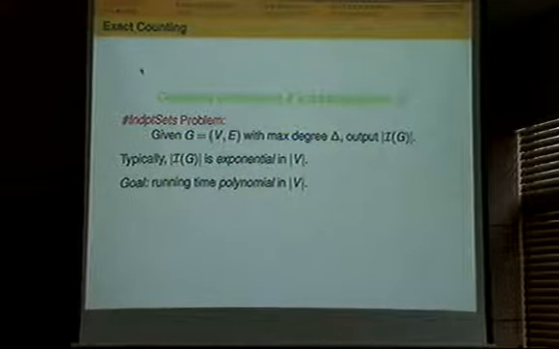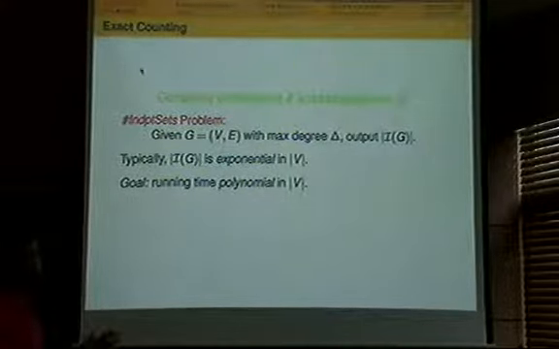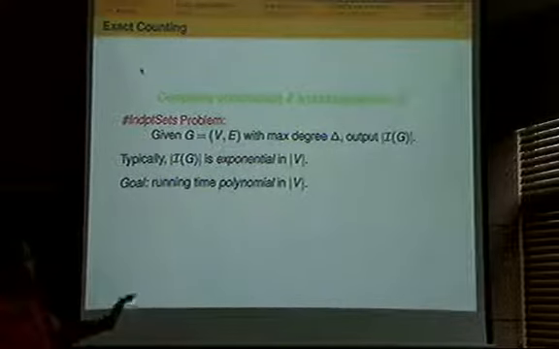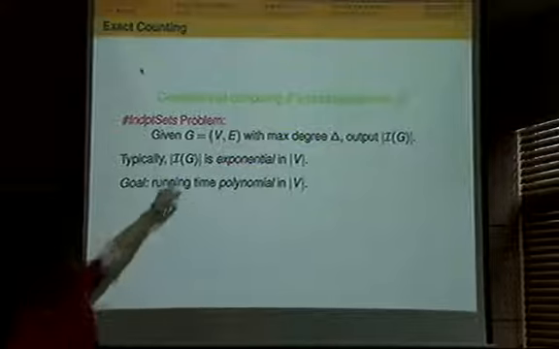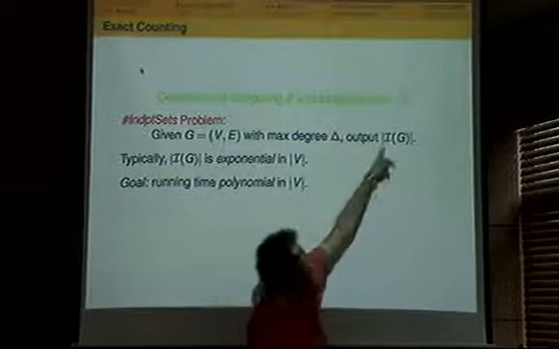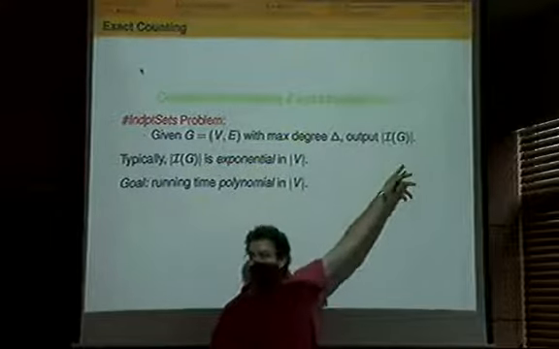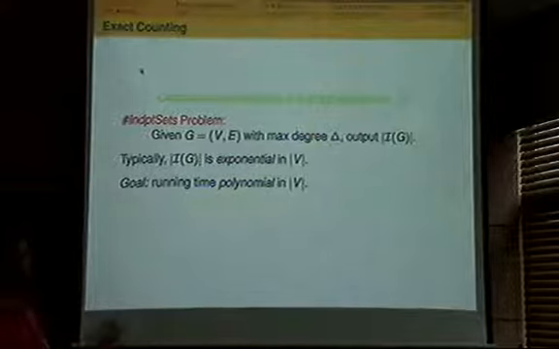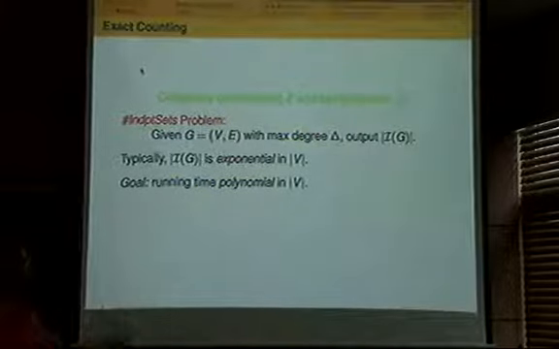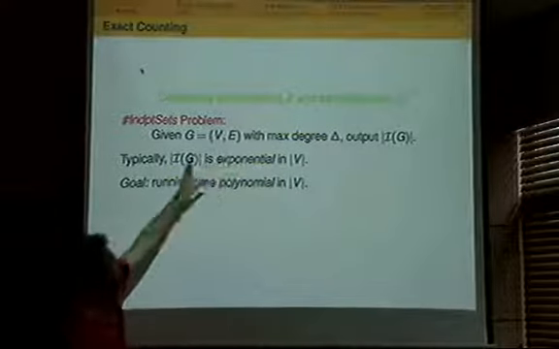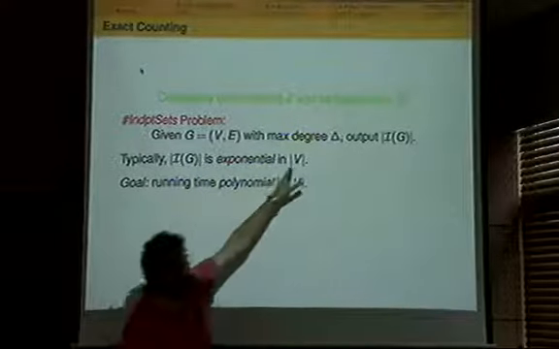Now, if I take the simple case when lambda is 1, then that partition function corresponds to computing the cardinality of this set, the number of independent sets of the graph. Lambda equals 1 is the case where I want to compute the number of independent sets of a graph. And I'm going to parameterize this problem by the maximum degree.